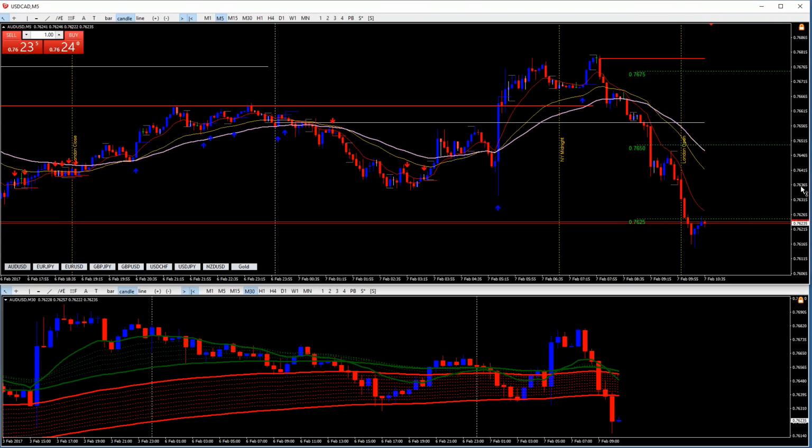I trade price action with moving averages. Primarily, I trade within big numbers, 0, 25, 50, and 75, as you can see them on my 5-minute chart.